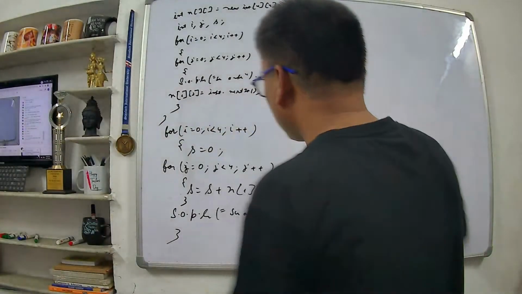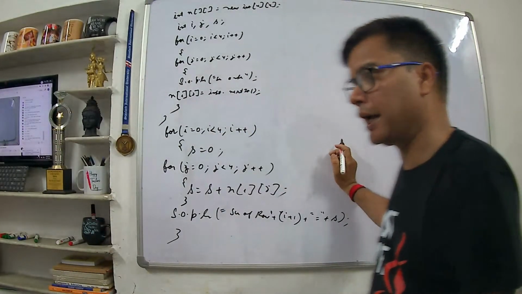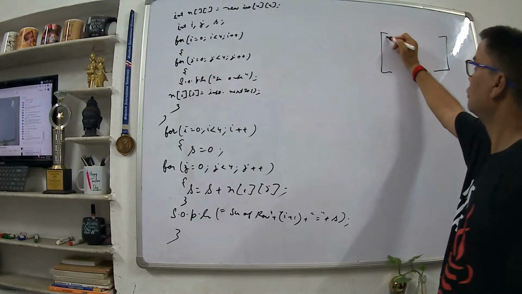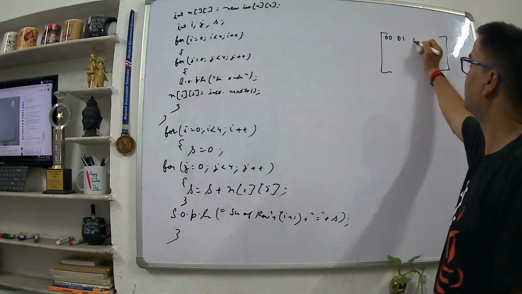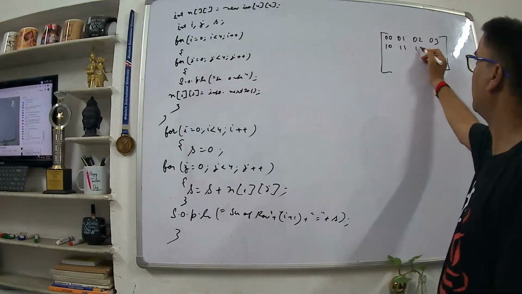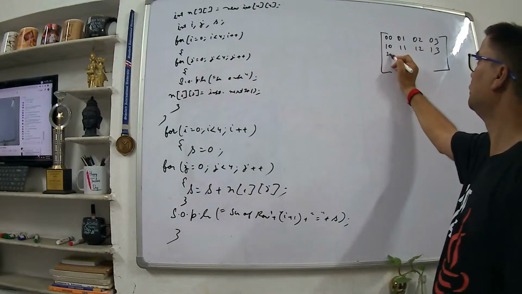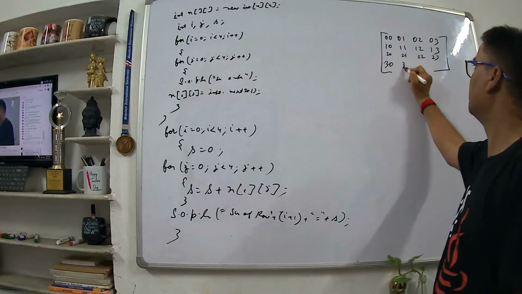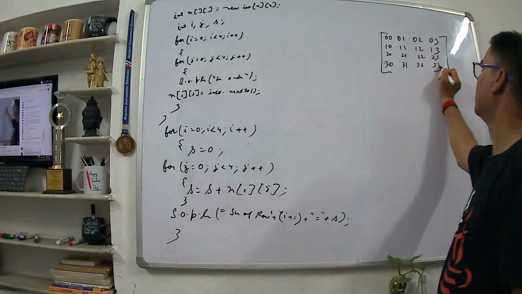Okay, now when we talk about a double dimension array, this is the structure 4 by 4. So 0 0, 0 1, 0 2, 0 3, 1 0, 1 1, 1 2, 1 3, 2 0, 2 1, 2 2, 2 3, 3 0, 3 1, 3 2, 3 3. Okay?